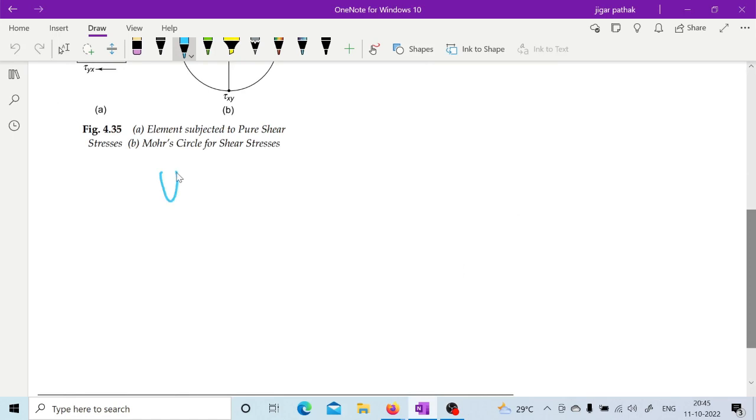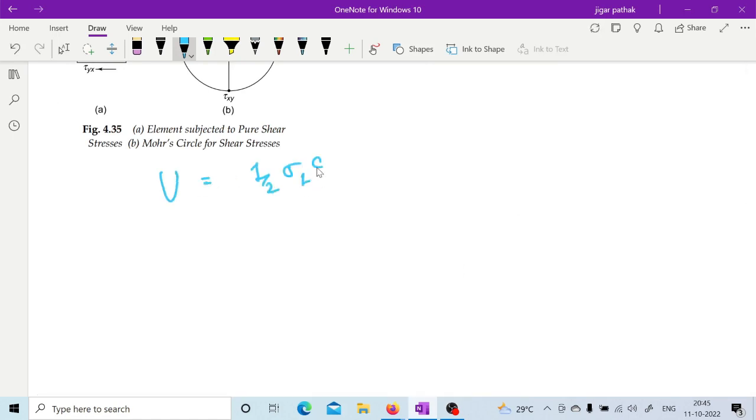Actually, if you take all three directions, the strain energy is 1/2 sigma 1 E1 plus sigma 2 E2 plus sigma 3 E3, where sigma 1 and E1 are stress and strain respectively.